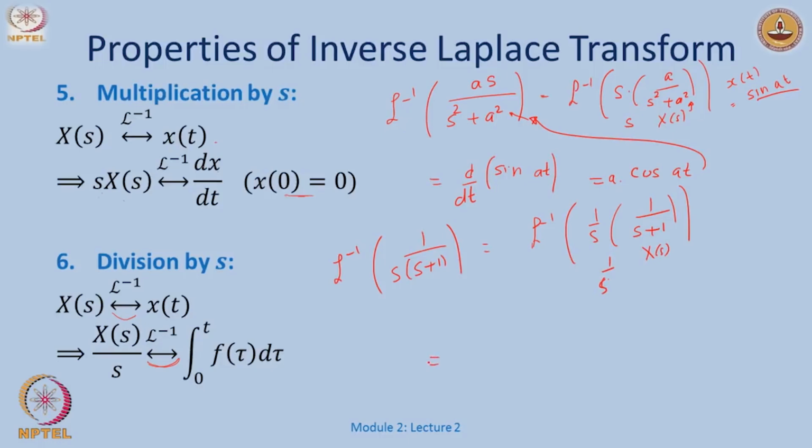Now, this can be equivalently written as the integral from 0 to t of the original signal. Look at this, this is my original signal X(s). The original signal would therefore be e to the power minus t. So, I am just integrating from 0 to t e to the power minus tau d tau, okay, and that will just be 1 minus e to the power minus t, okay.